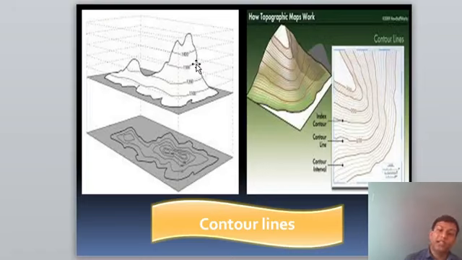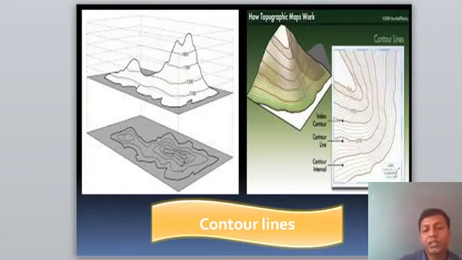As you know, this is the hilly area, and below this three-dimensional figure I have one sheet of paper drawn, which shows the conical shape and the height of this topographical sheet. Like this, we have other contour lines also.